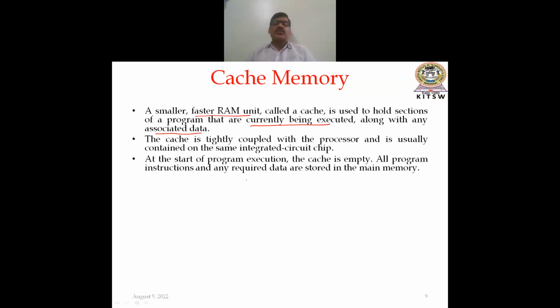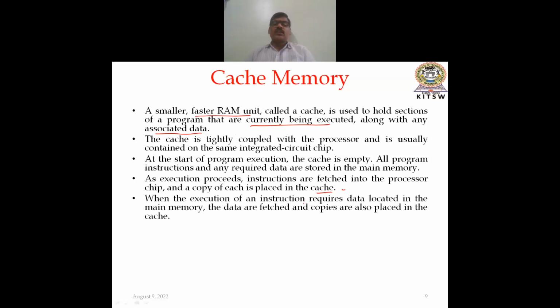When the program starts its execution, initially the cache is empty and all program instructions and any required data are stored in the main memory. As the execution continues, the instructions are fetched from the main memory by the processor chip and a copy of each is placed in the cache.